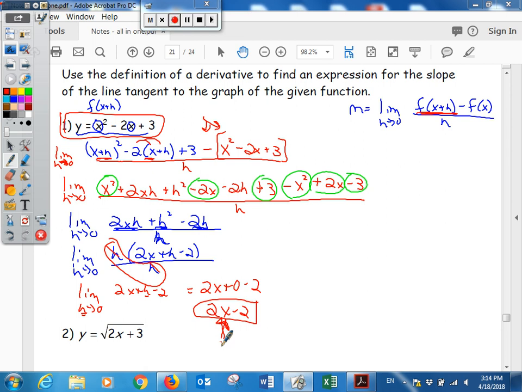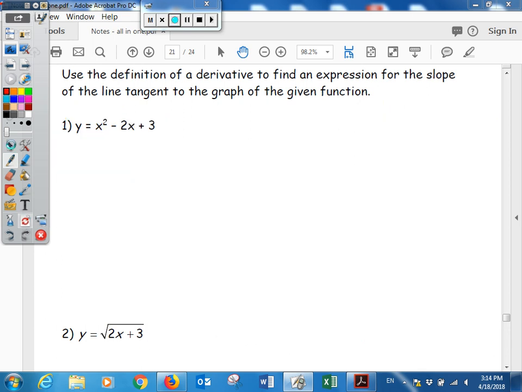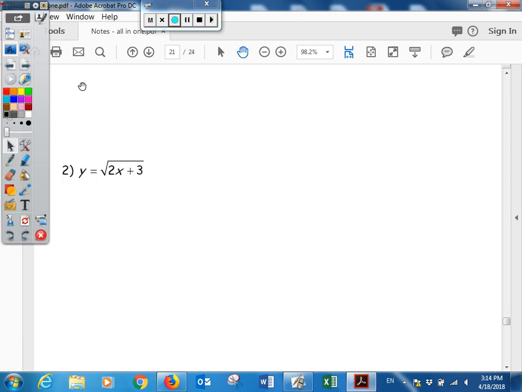You have to be able to work through this whole process using this formula in order to come up with these equations. And then, once you're good at this, we'll learn some shorter ways to go about the process. But for right now, you need to understand how to use this formula. So let's look at it with this next one.